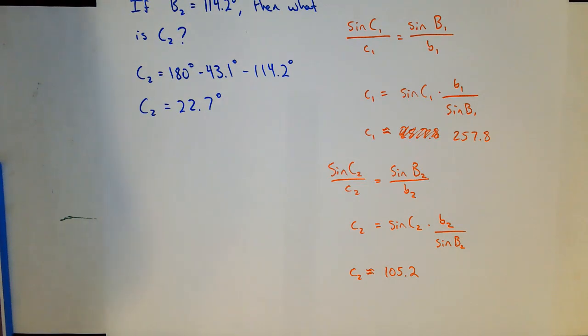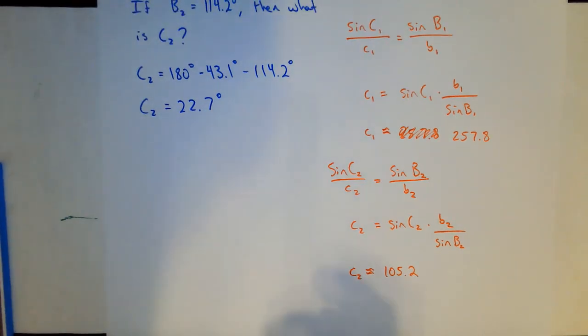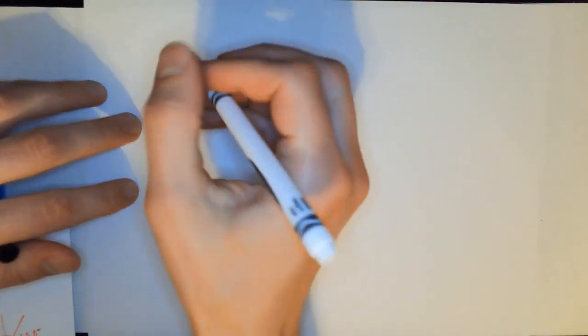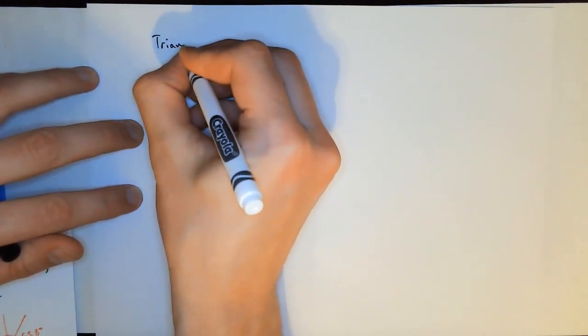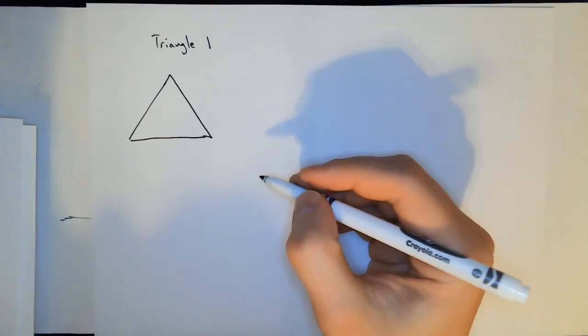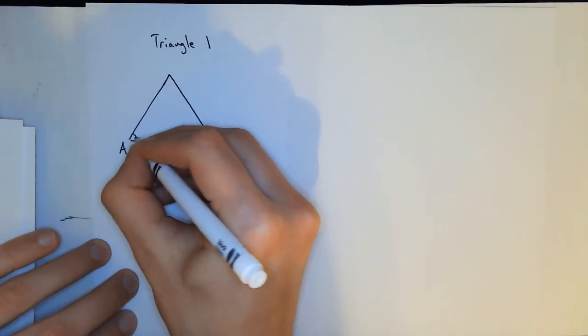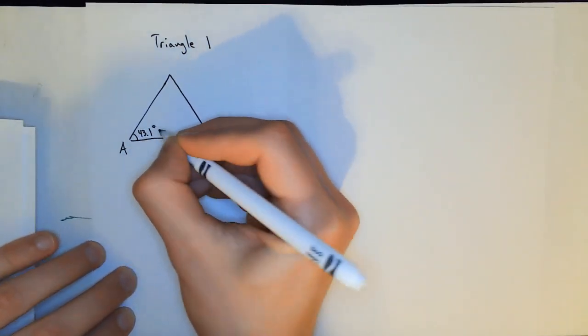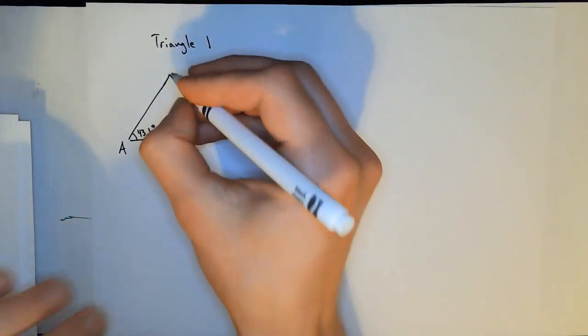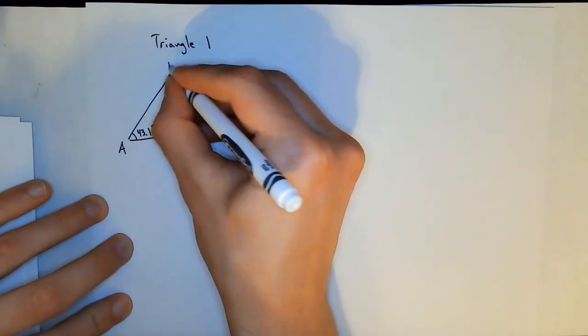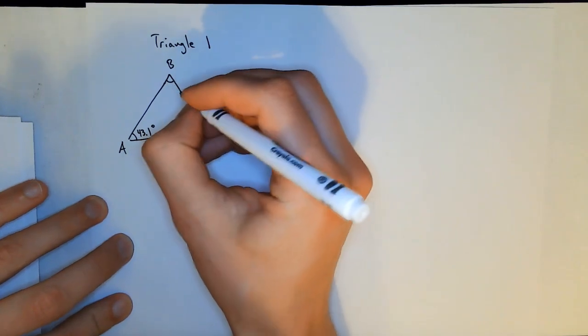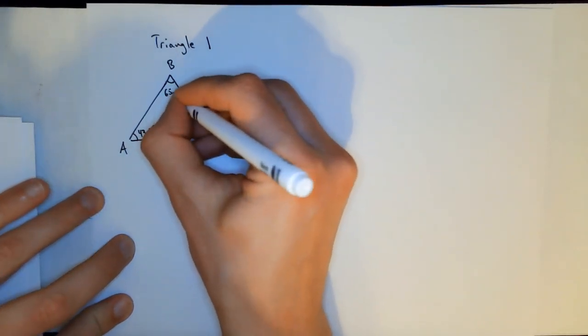Now what I'd like to do, since I got a little messy, is draw these two triangles and show you what's going on here. As I've named them, we have triangle 1. It's not perfect, but here's A, which was given as 43.1 degrees. Angle B was 65.8 degrees.